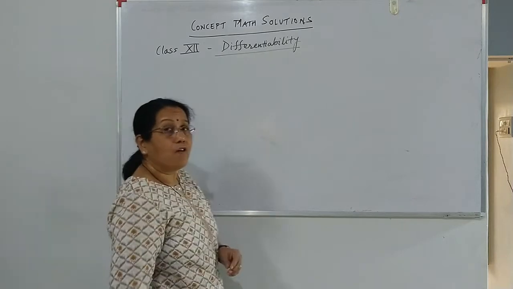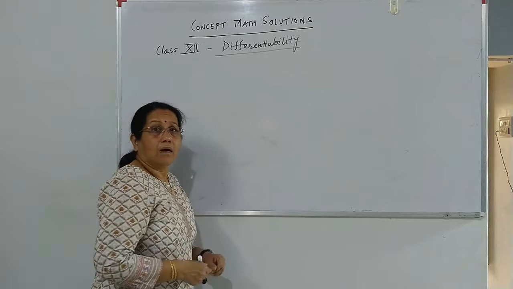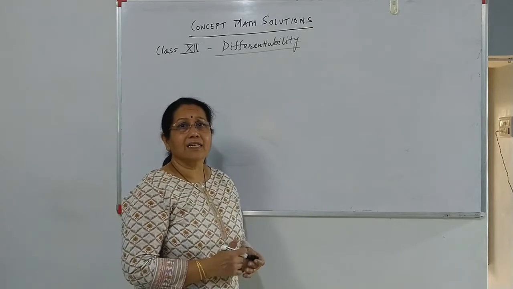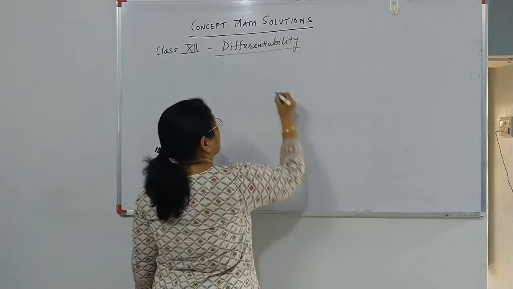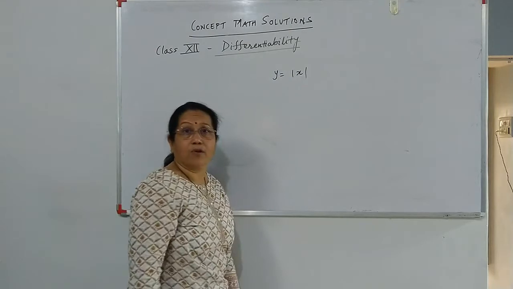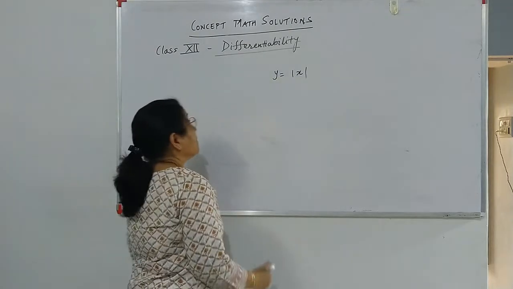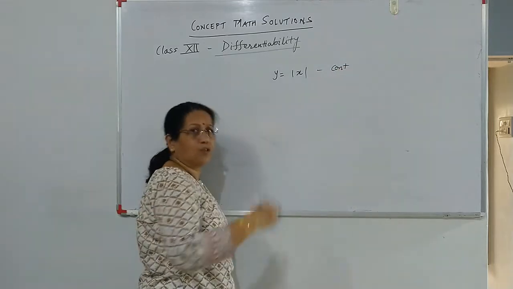If a function is continuous, then it's not necessary that it is always differentiable. Suppose I have the function y equal to modulus of x. Now we all know that this is a continuous function, because you all know the graph of modulus of x.